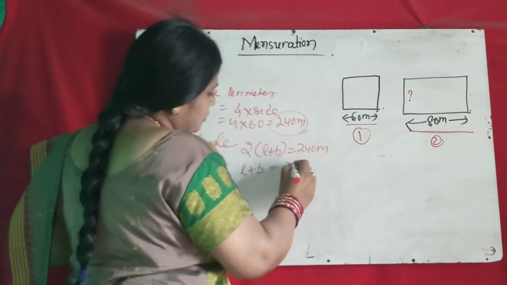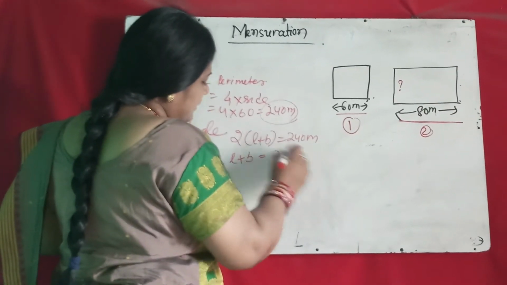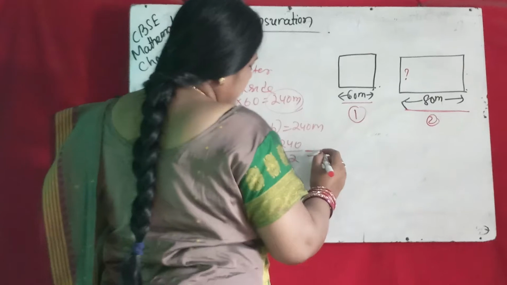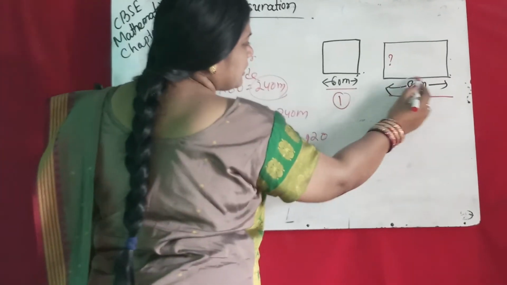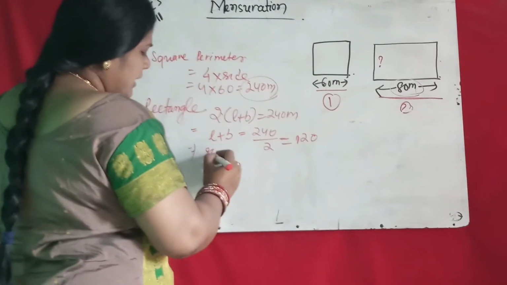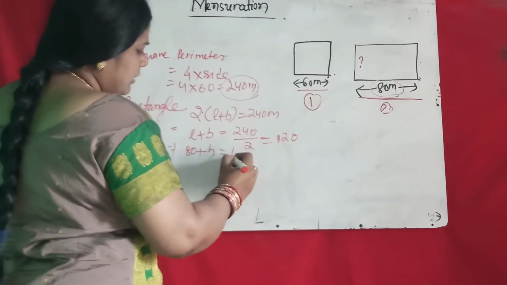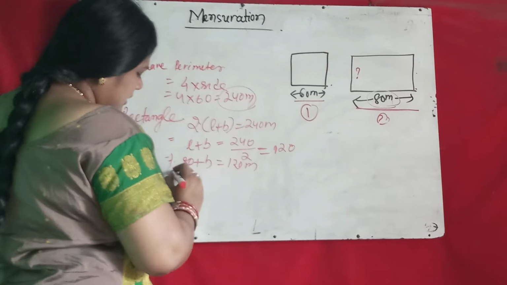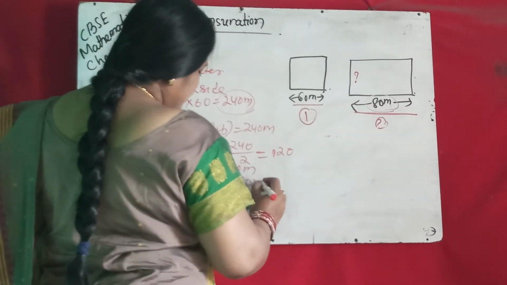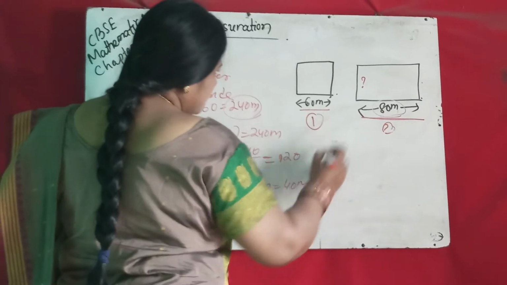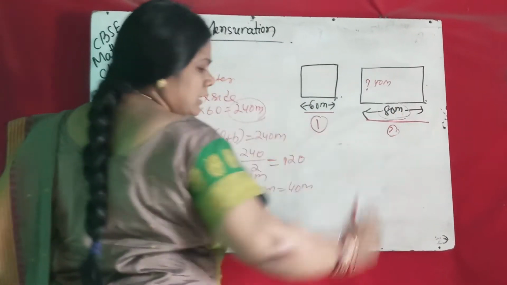Length plus breadth equals 240 meter by 2, that is 120. Here the length is given as 80 meter. So 80 meter plus breadth equals 120 meter. That is, breadth equals 120 meter minus 80 meter, equal to 40 meter.